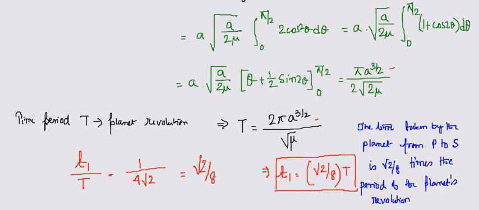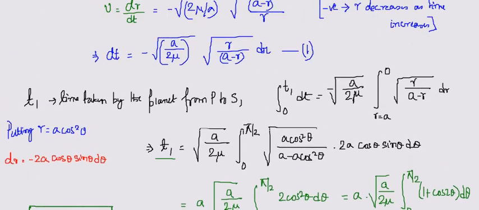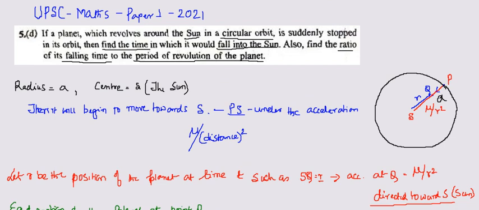And we have already found the answer of t1, that is the time taken by the planet traveling from P to S, so that is pi of a to the power 3 by 2 over 2 root 2 mu. Okay, so this is the solution for question number 5D.